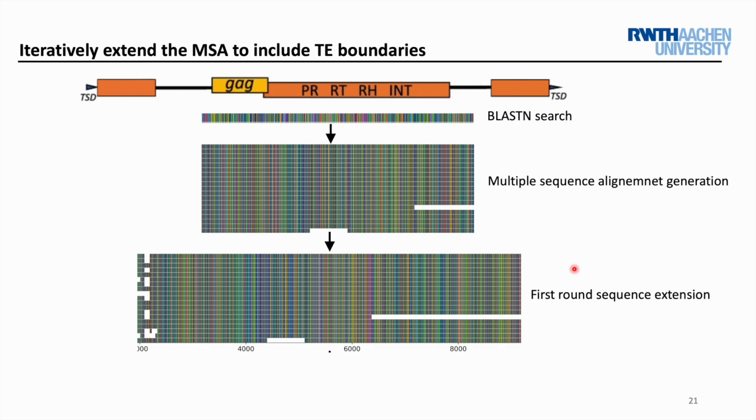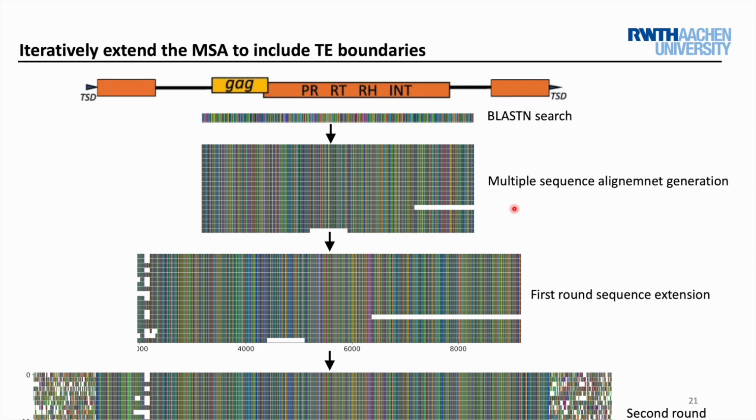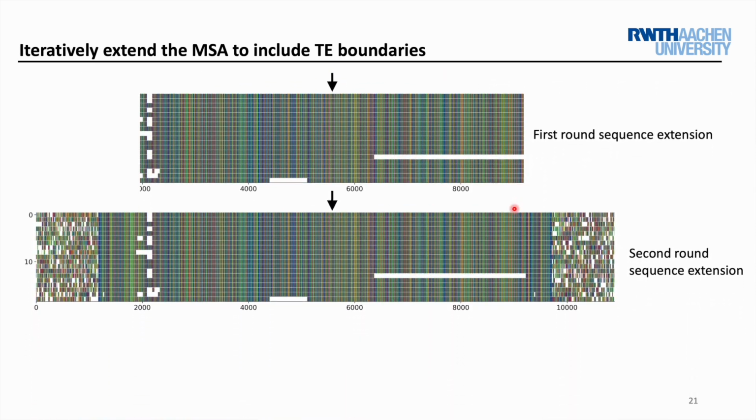Let's say you did a first round of sequence extension, but you find that the extension is not sufficient. You cannot cover the boundary. Then you will do a second round of sequence extension. Here I only show 2 rounds, but in the real case it can be 3, 4, 5 or 6. But there are several limitations for this extension strategy.